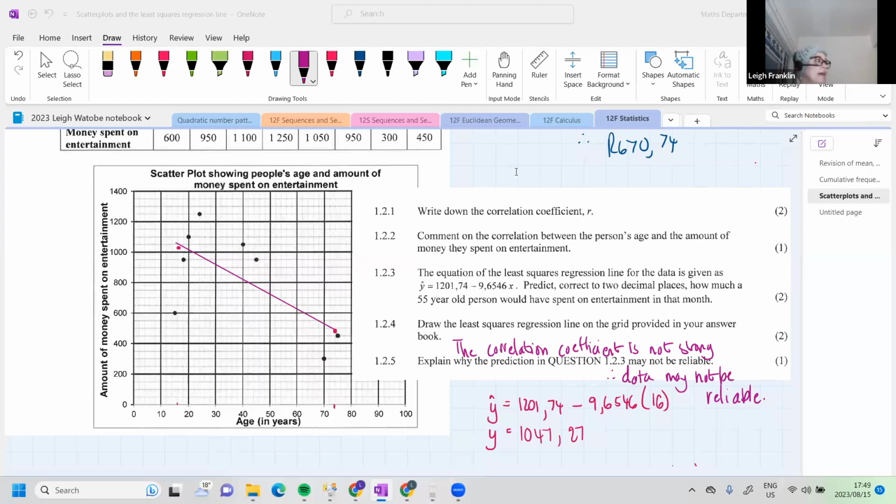So as your correlation coefficient gets closer to 0, the relationship between X and Y is less reliable or not as strong. Any other questions?